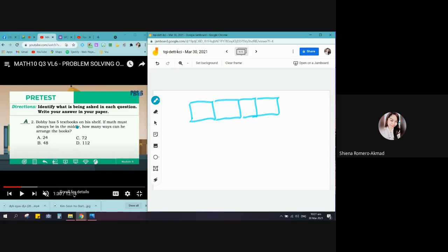Dahil may 5 kang libro, ibig sabihin 5 yung posisyon. Minsan ginagamit namin box method tulad nito. Minsan naman we only use line as replacement to the box. Okay? Pero ang tawag dyan box method pa rin.